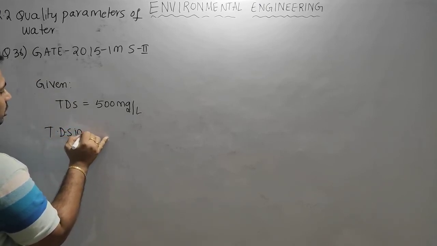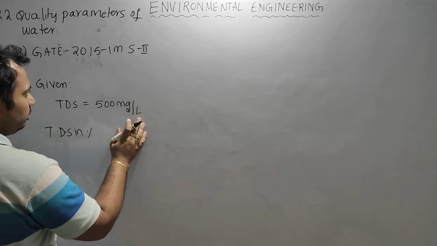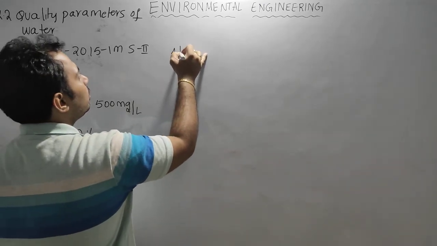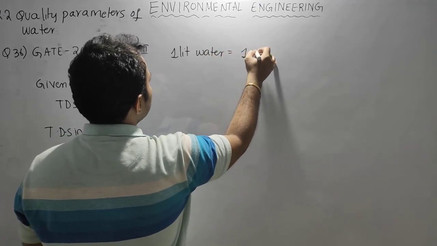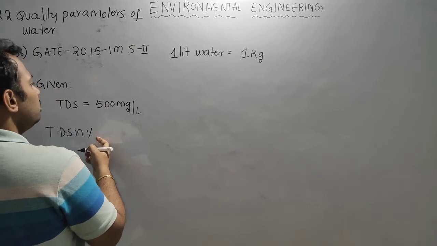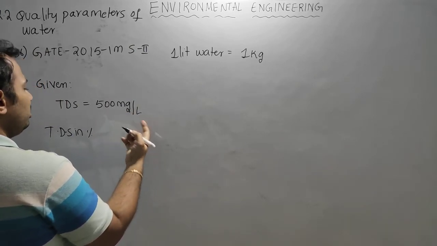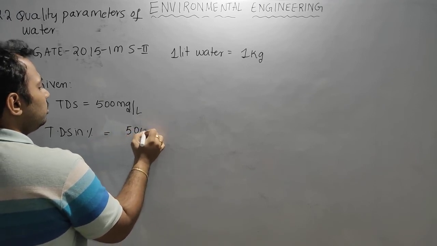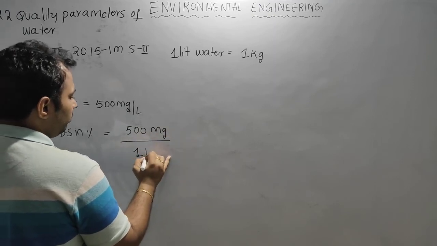TDS in percentage. See, generally 1 liter of water is equal to 1 kg. So 1 liter of water weighs 1 kg. So the concentration in percentage means 500 milligram by the weight of the water, that is nothing but percentage. So TDS in percentage means 500 milligram by 1 kg, into 100.